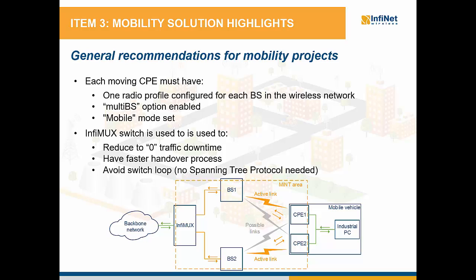So we just need to make sure, according to a correct radio planning and deployment of such a mobility project, that we have defined the coverage area in such a way that we don't have signal loss in any of the zones of this area.